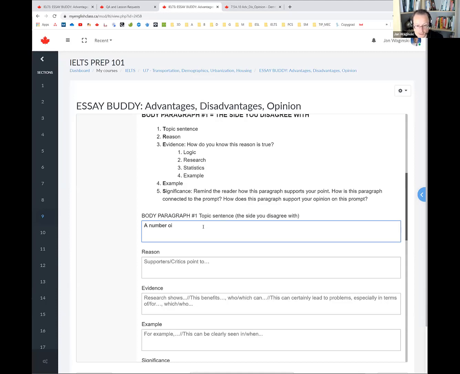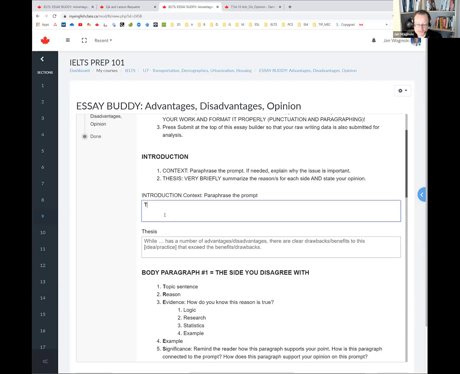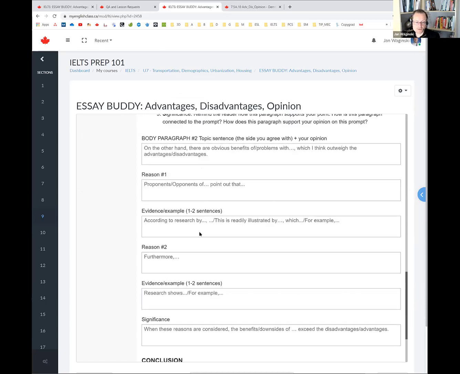A number of advantages. You just keep typing, keep typing. I'm just going to put in a couple words and show you how it works. So you type everything in.